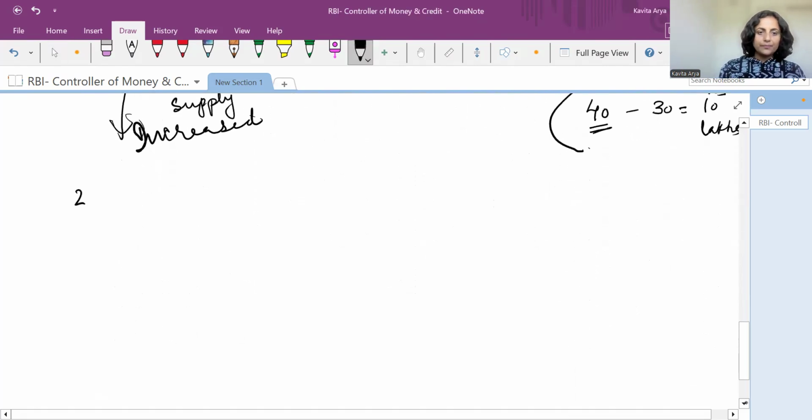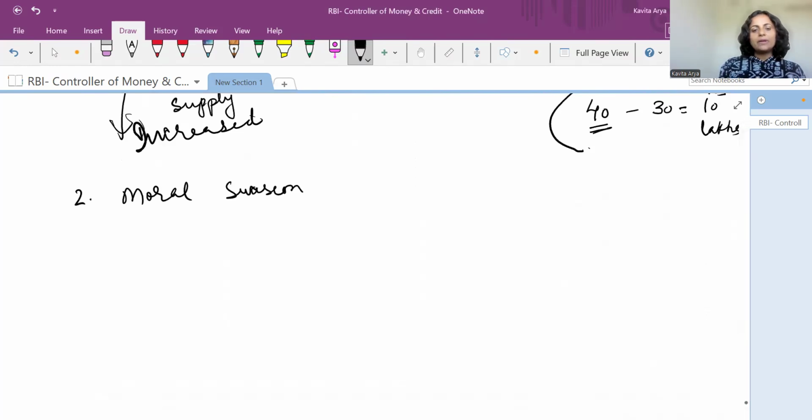Moving ahead, the next is moral suasion. When I say moral suasion, it is actually a combination of persuasion as well as pressure. What do we mean by this?